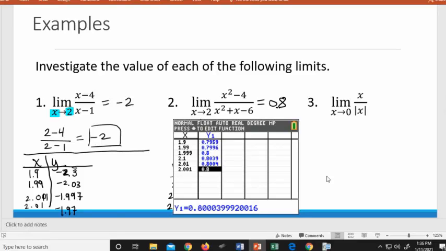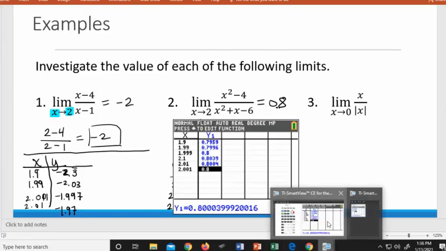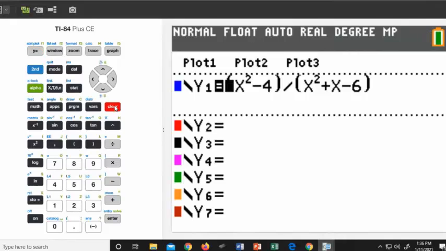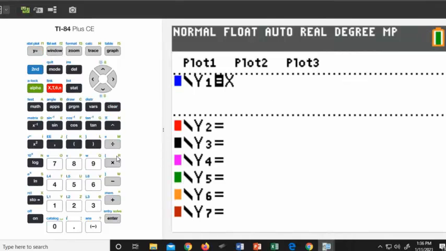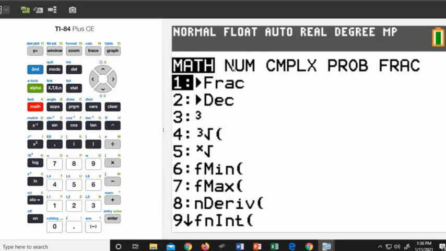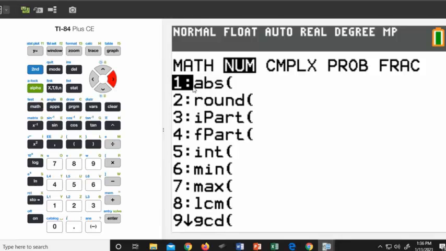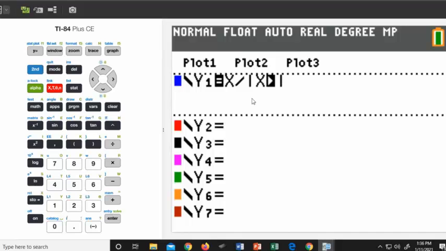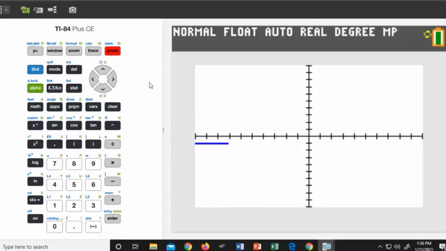Let's start with a graph for this one. Absolute value is located under the math button, over to num, and it's the first option. So here it is, x divided by the absolute value of x. And we'll hit graph and see what appears.